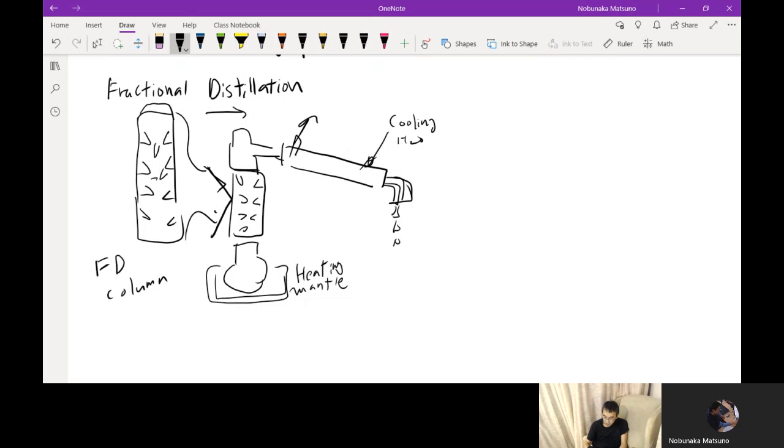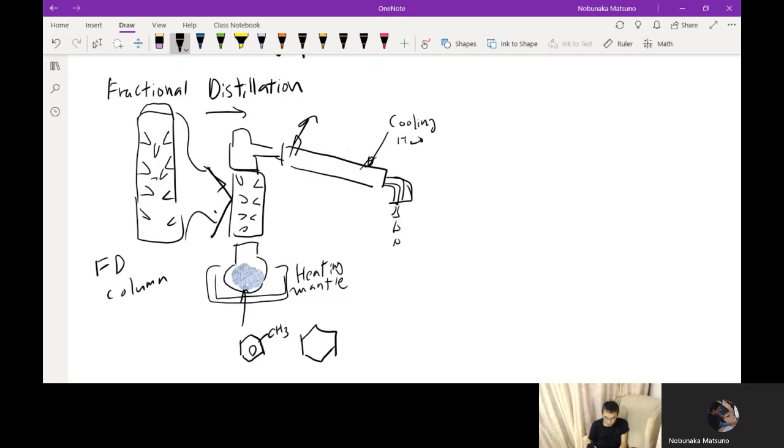So basically, inside here, you have your vapor mixture. For the sake of argument, let's say you have toluene, so you have CH3, and then you have cyclohexane.